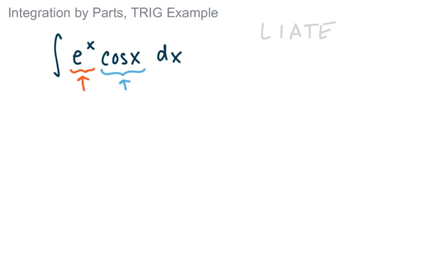In this situation, I'm going to let my u equal e to the x. Then v prime will equal cosine x. So if I find the derivative, u prime would also equal e to the x.